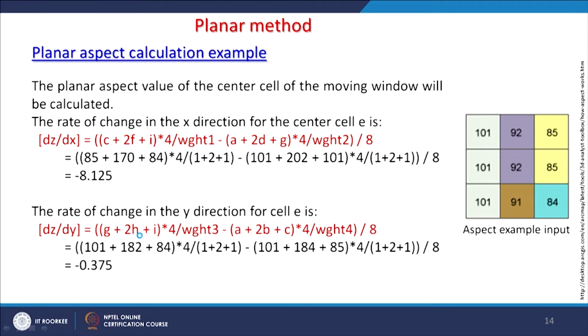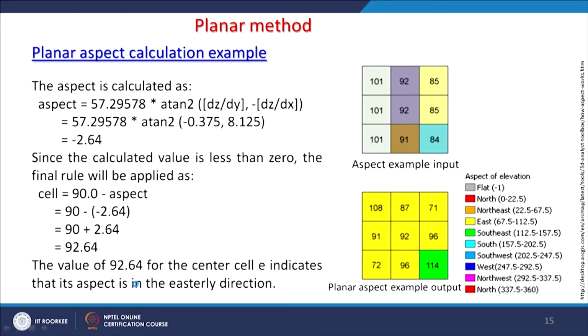An example is given here. This is my aspect calculation. So, this is my input raster, only a 3 by 3 example is given here. Values are substituted in the x direction equation, and values are substituted for the y direction calculation, and then you get these values. After this you have to combine them, and once you combine, the value becomes 92.64 for the center cell E, which indicates that the aspect is in the easterly direction.